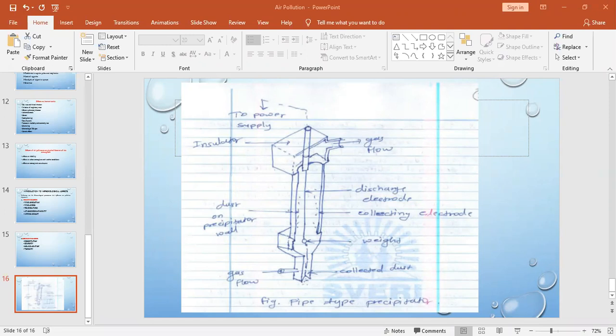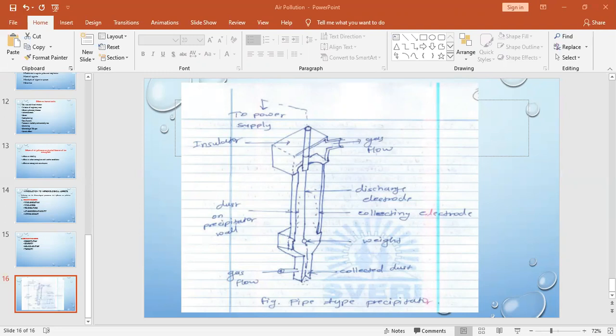This high potential difference creates the corona and the yellow color glow, which is identified as corona or corona glow. Okay, you should remember this word for MCQ type answers.